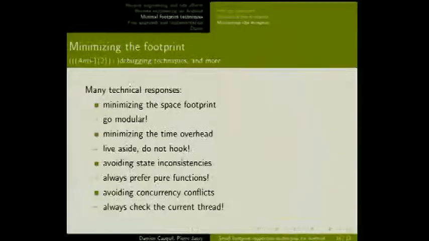And there are many responses to the many problems. I mean, if the problem is, okay, my debugging tool is cool, but it has a very big space footprint, but that's no problem. Just go modular. Build a very minimal debugging tool and add modules whenever you need them. If the problem is, okay, I have so much time overhead that my debugging takes hours, takes days, then just leave aside. Do not hook inside the code.